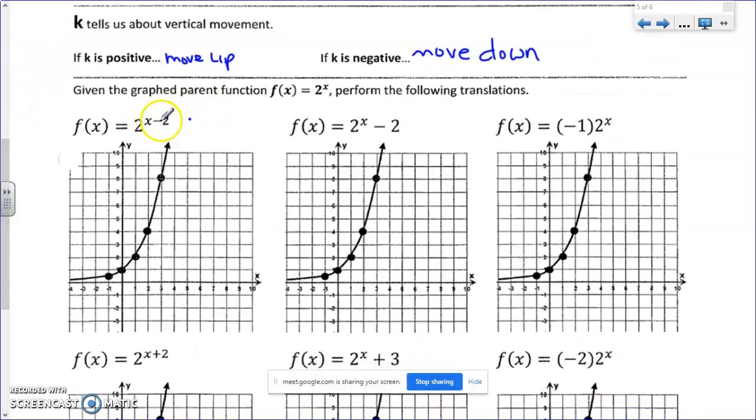Okay, so it's negative 2, so it comes out opposite, so it's going to go right 2. Does everybody understand? That's x minus h, so that's the h, so it comes out opposite. You're going to go right 2. All right, so if I pick up this point here and I go right 2, 1, 2, it's going to be right there now. Does everybody see that?